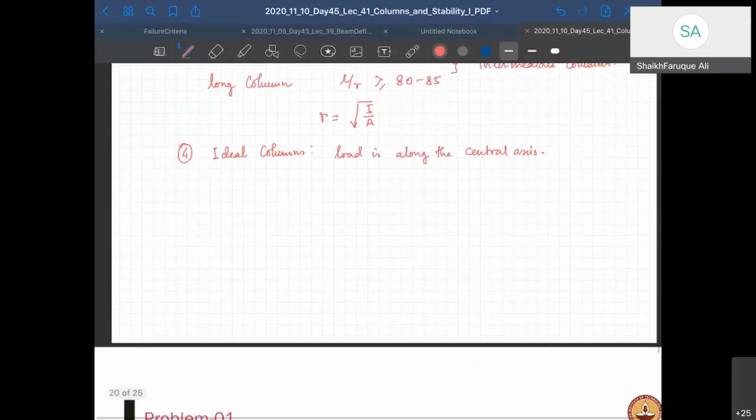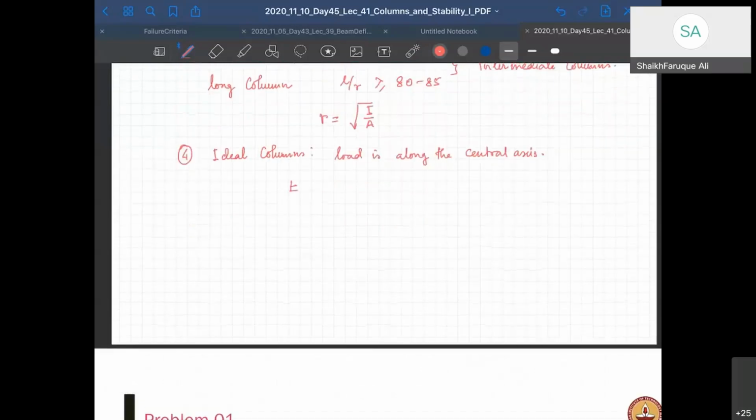In that case, I get a formula which is EI Y double dash plus P into Y is equal to 0, plus two boundary conditions. This is a second order differential equation with constant coefficients P and EI, and it's a homogeneous one. It's not with a forcing function.